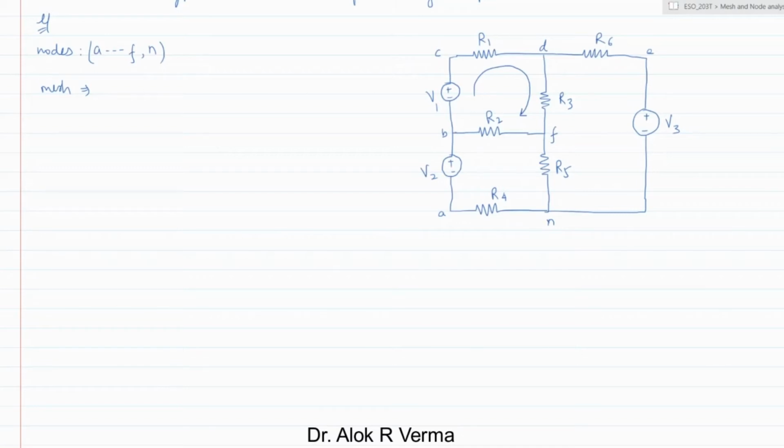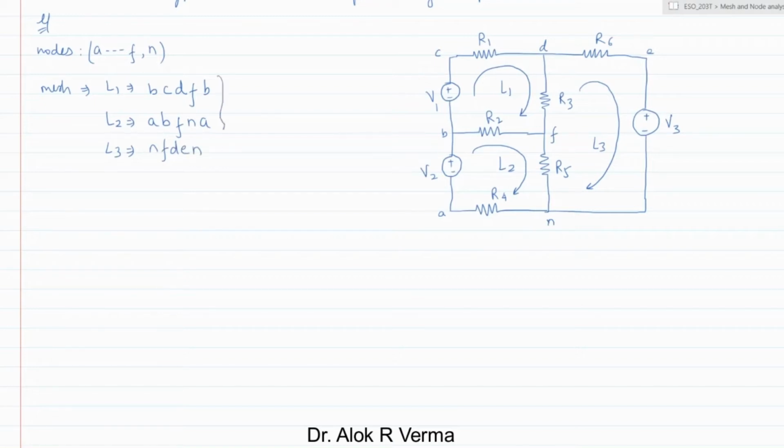It is just to make sure you know how to identify the mesh. So from here, if we assume this loop as L1, this as L2, and then one loop as L3. Mesh L1 is nothing but B, C, D, and F. Similarly, another loop is A, B, F, and A, and another loop, loop 3, is N, F, D, E, N. A mesh is the smallest closed path, which does not have any closed path within it.